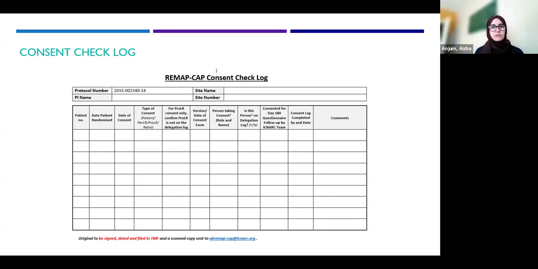So we will continue to perhaps send these out periodically to sites. It's important that as many notes as possible are entered in the comments to explain if certain issues have arisen from obtaining consent. For example, if there's PROLAR consent and there's no retrospective consent, if the patient has died, or if you weren't able to contact the patient after discharge, it would be good to have that information in the comments.